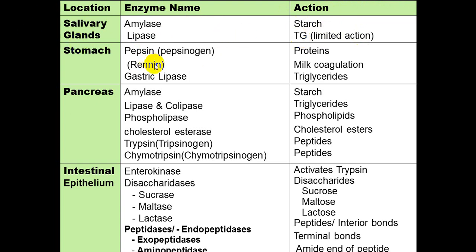Stomach: pepsin, renin, and gastric lipase degrade proteins and milk, and gastric lipase acts on triglycerides. Pancreas: amylase, like salivary amylase, from pancreatic secretion; lipase, phospholipase, and cholesterol esterase, and so on.